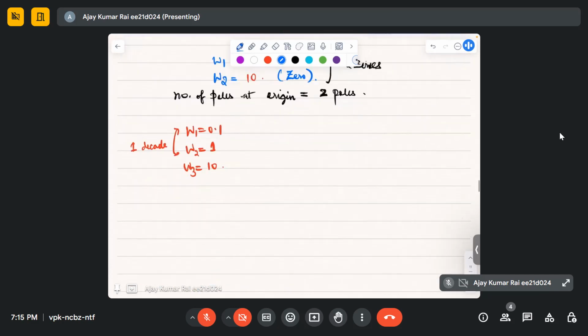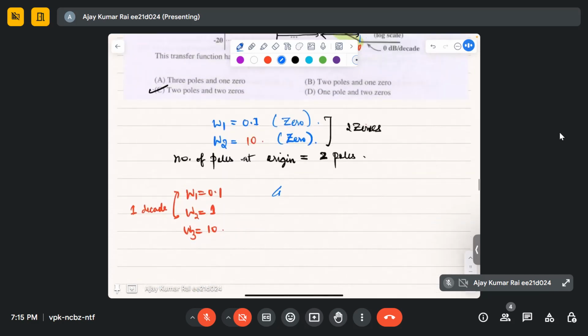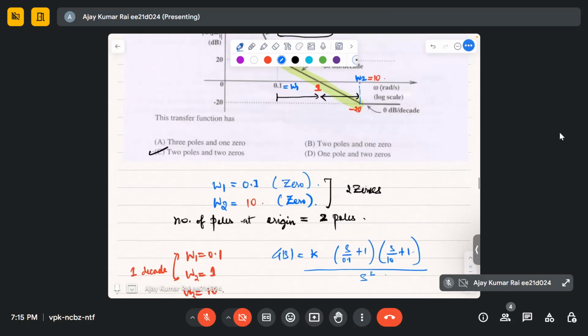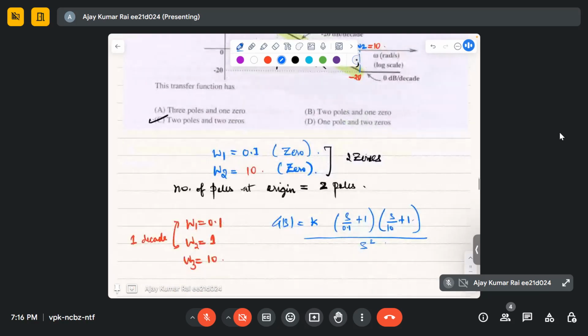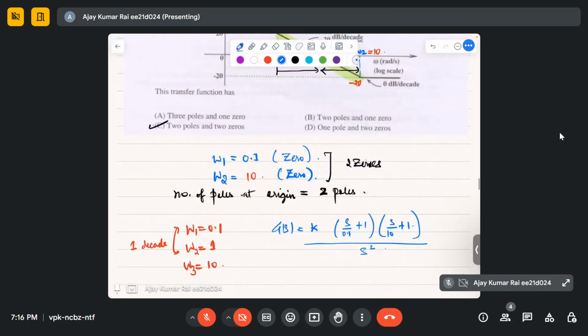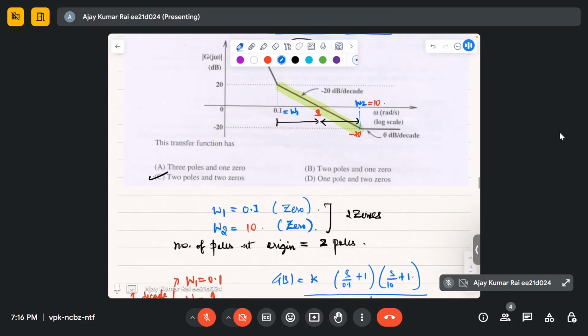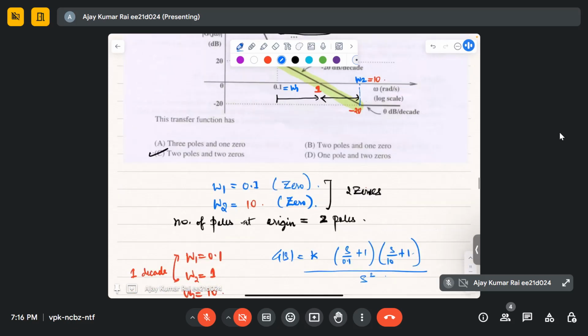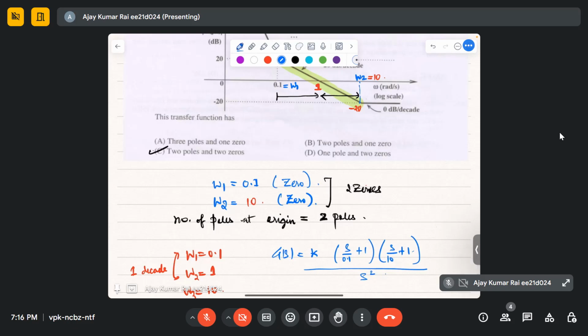So what is the transfer function? We know it has k, with s squared in the denominator. So this is the transfer function we know. Can we find the value of k? We have the Bode plot and we have the transfer function, so the only missing term is k.